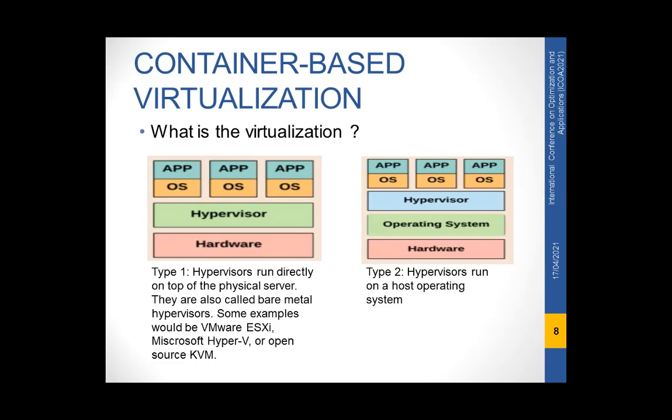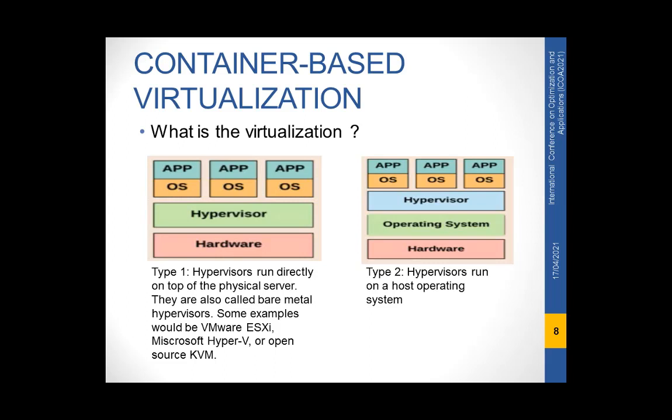So, what is virtualization? Virtualization is the process of creating a software-based or virtual version of something, whether that is compute, storage, networking, services, or applications. And what makes virtualization feasible is the hypervisor.